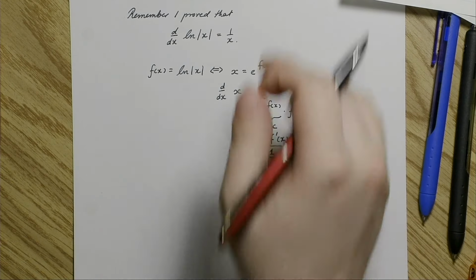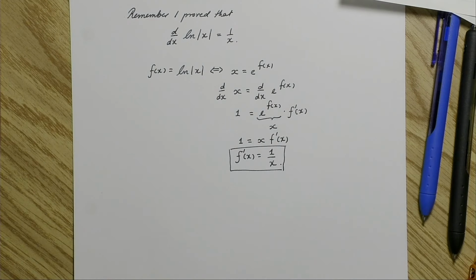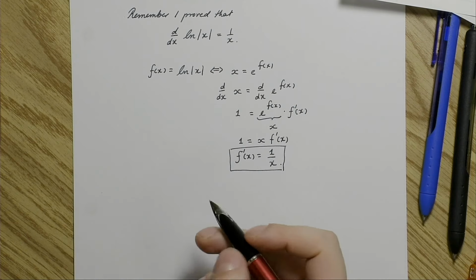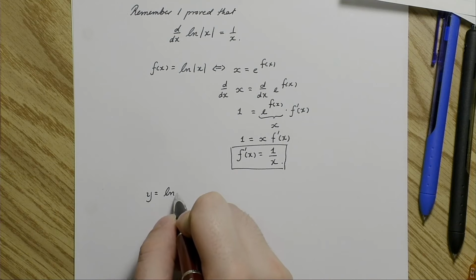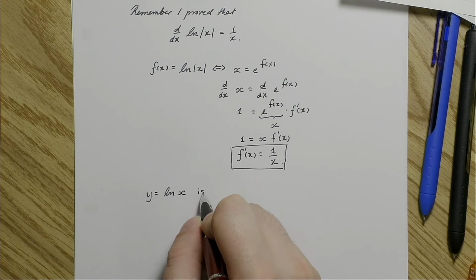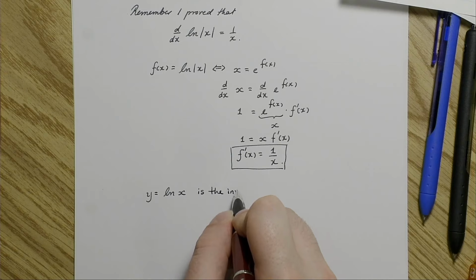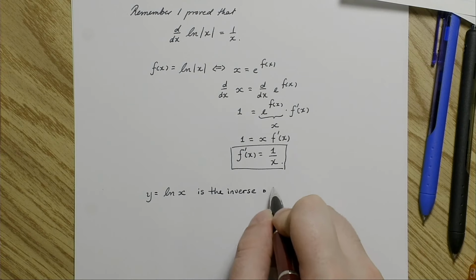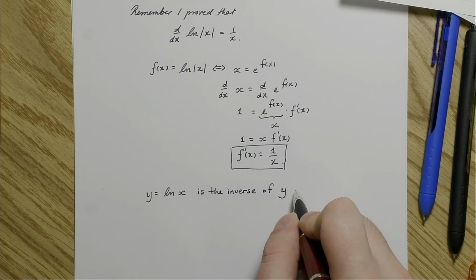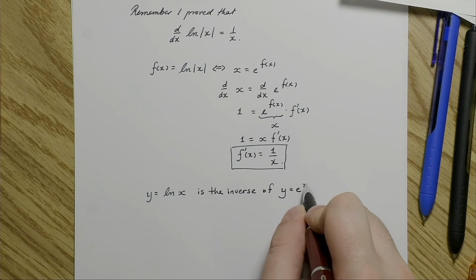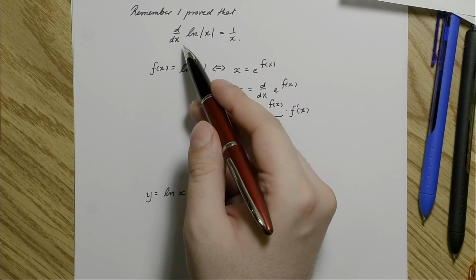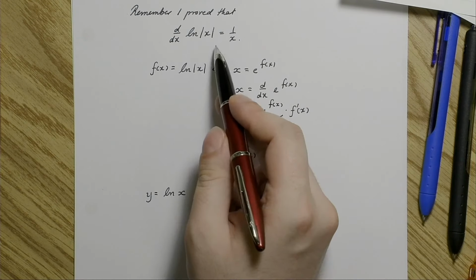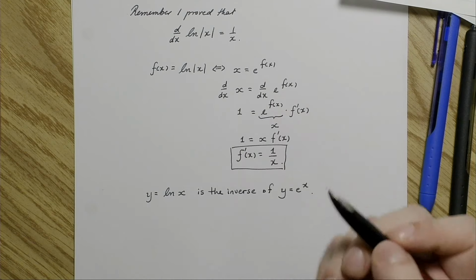So I had defined that ln x was the inverse of the function y equals e to the x, and I showed you that the derivative of ln x is equal to 1 over x.